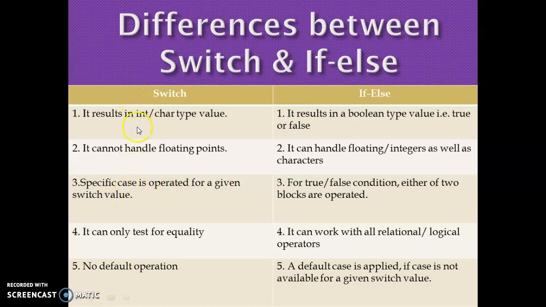So if you have lots of cases, only a particular case is operated. In if-else, for a true or false condition, either of two blocks is operated. Here maybe more than one block is operated depending on the true or false condition, but in switch only one case is operated out of the number of cases.